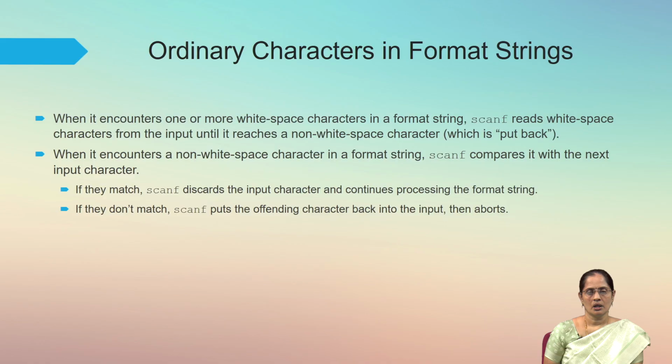So, there should be a comparison between the number of conversion specification characters and the number of input variables. If they match, scanf discards the input character and continues processing the format string. If they do not match, scanf puts the offending character back into the input and aborts reading the values.